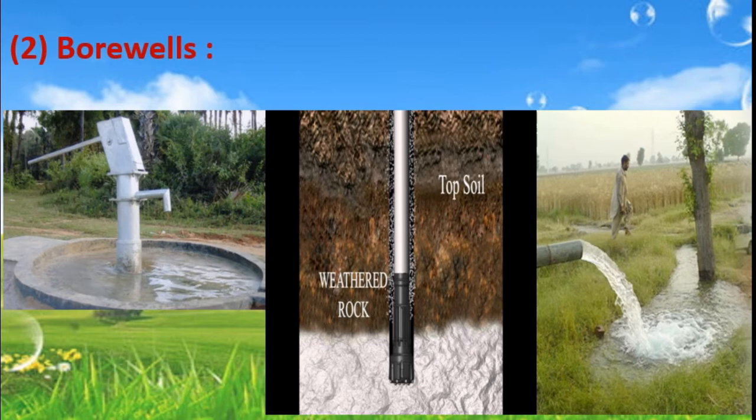Earlier, wells were dug to reach the water under the ground, but it was not possible to draw deep-seated groundwater, right? So, we use bore wells. And here we use electric pumps to get the water from the deep under the ground. Okay?